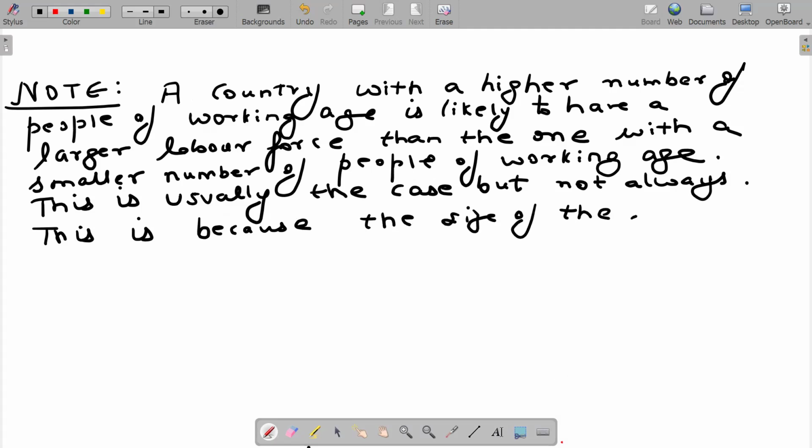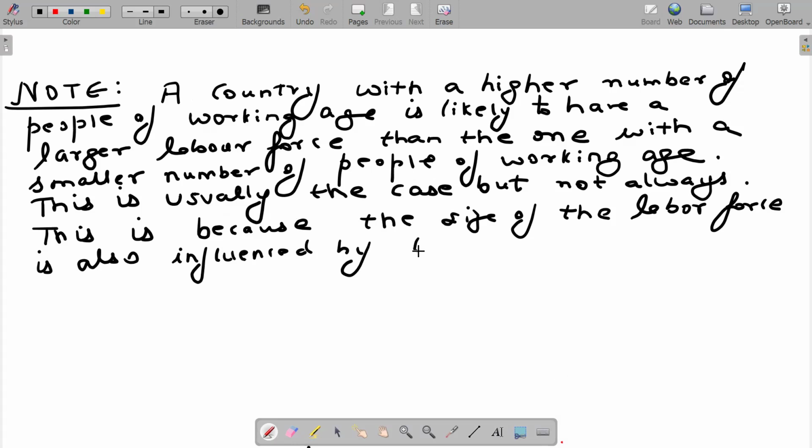This is because the size of the labor force is also influenced by the labor force participation rate.